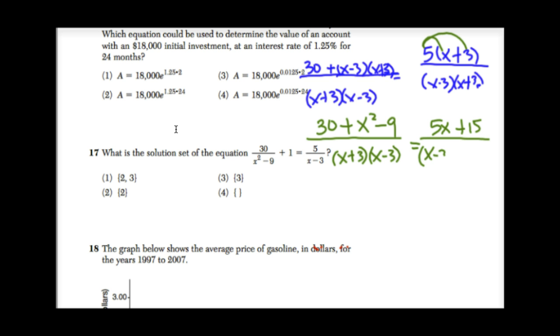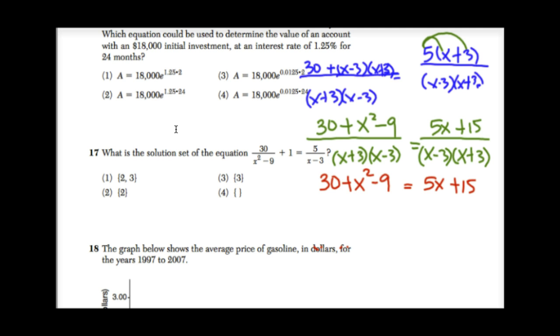This becomes x minus 3 and x plus 3. Now the reason why I made both sides' denominators the same is so that I can eventually drop these off. So I'm going to have something that looks like 30 plus x squared minus 9 is equal to 5x plus 15. That's the reason why I need to make the denominator the same.